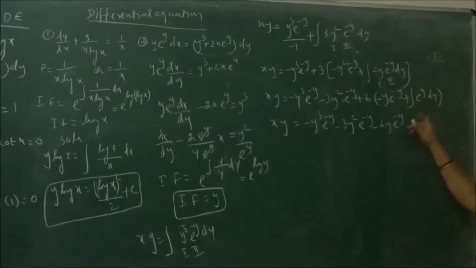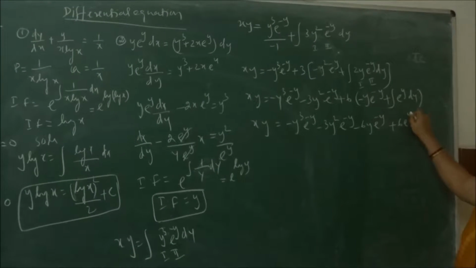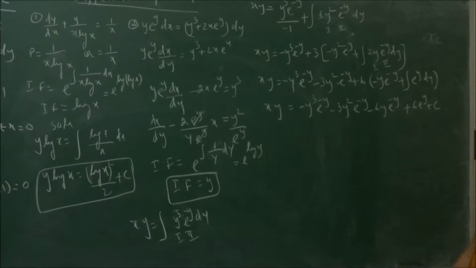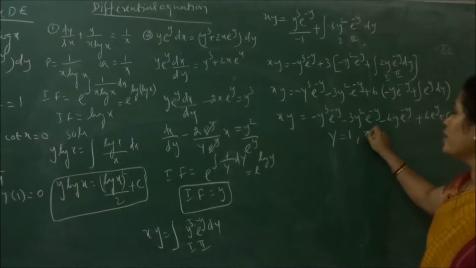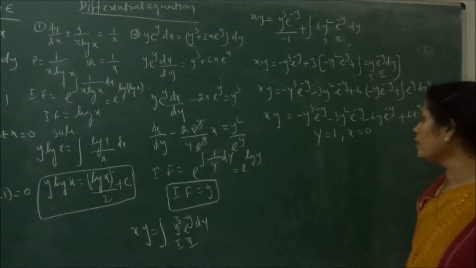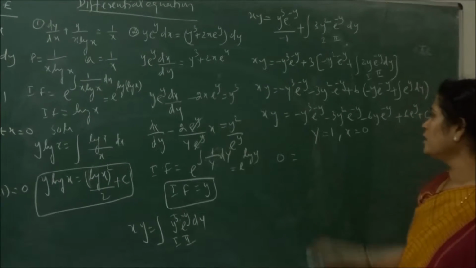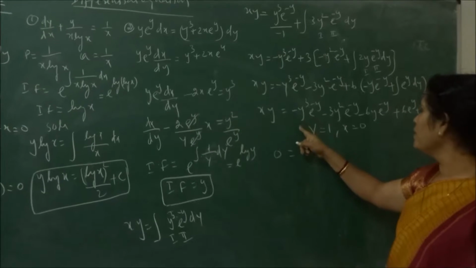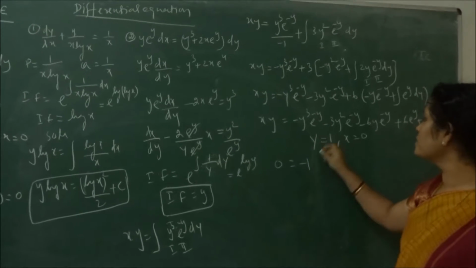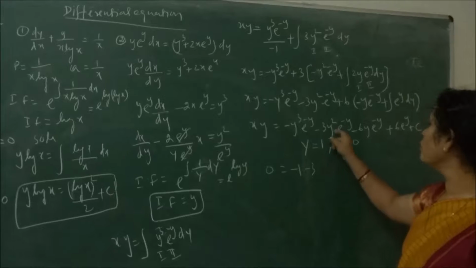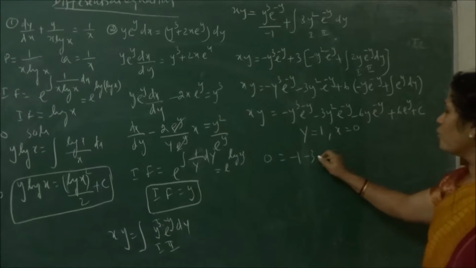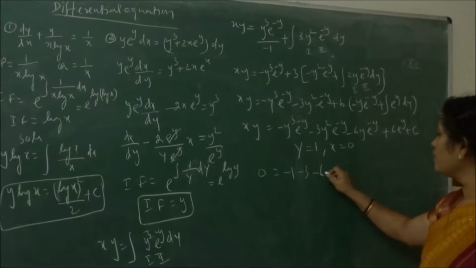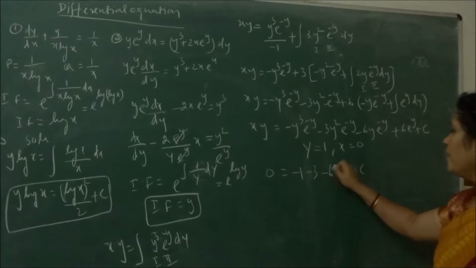The final answer: e power y integration is e power y plus what we are getting, c. If they have given an initial value, yes, of course they have given the value y is 1, x is equal to 0. If I substitute here x is 0, this entire term is 0. Now this is 1 e power 0 minus 1, or minus 3 into 1 into e power minus 3, and then again this is 1 e power 0 minus 6 and e power 0 1, that is plus 6 plus c, it will be cancelled.